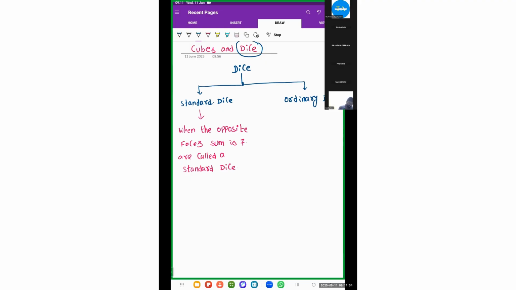Now coming to the ordinary dice. An ordinary die is one where the adjacent faces sum to 7. Those are called ordinary dice.